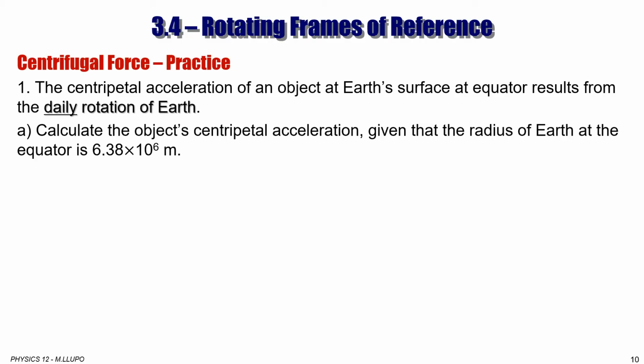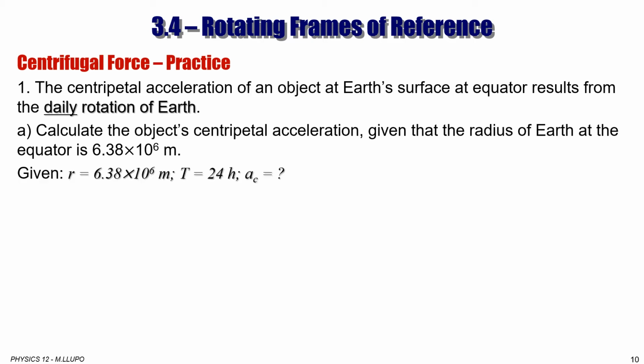Here's a practice problem with a centrifugal force. The centripetal acceleration of an object at the Earth's surface at the equator results from the daily rotation of the Earth. Calculate the object's centripetal acceleration given that the radius of the Earth at the equator is 6.38 times 10 to the power 6 meters.